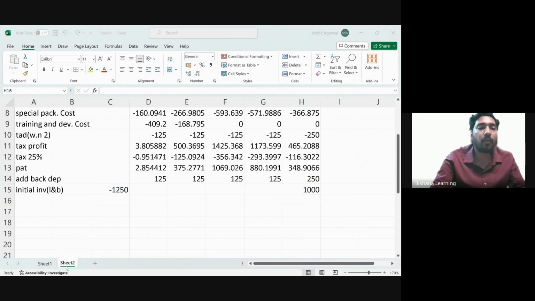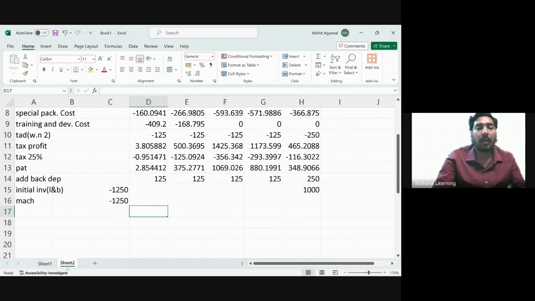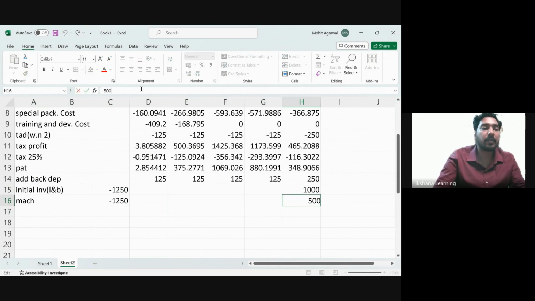So quite a major amount we are getting back as inflow, 1000. Then machine, again negative 1250 and inflow is 500. Let's hard code it. Yeah, right, 500. Correct. 500 machinery.